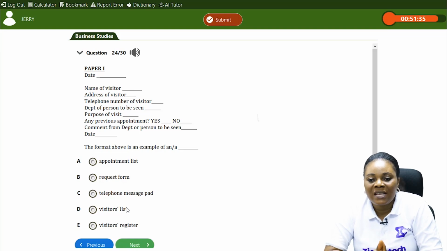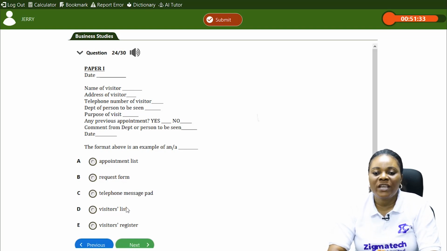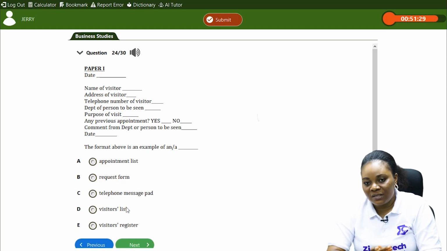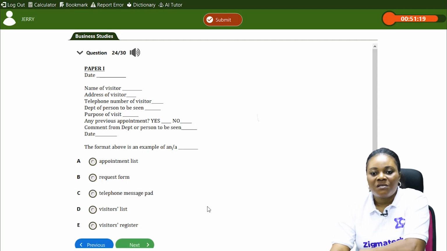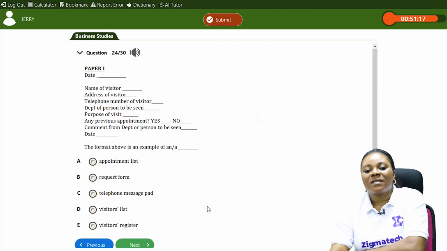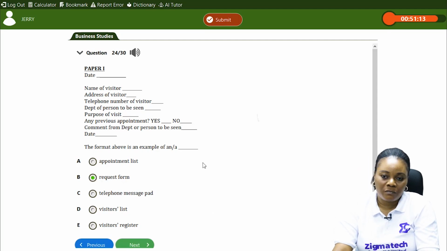The format here states details on which document handled by a receptionist. Is it appointment list or request form or the telephone message pad or the visitors list or the visitors register? The answer here is option B, the request form.